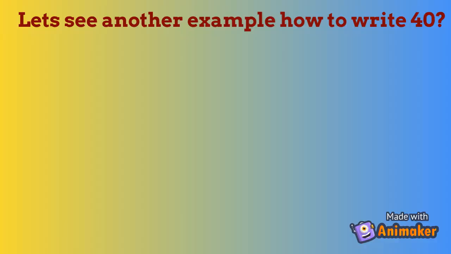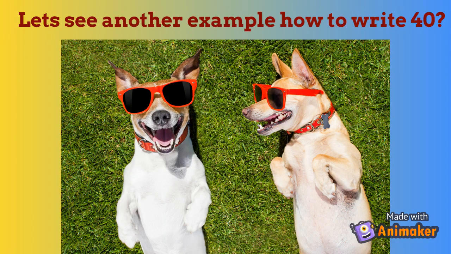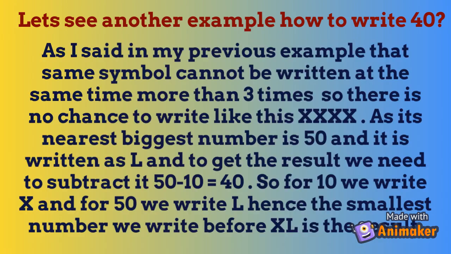Let's see another example to understand better: how to write 40. As I said in my previous example, the same symbol cannot be written more than 3 times in a row, so there is no chance to write XXXX together. We have to see what its nearest bigger number is.